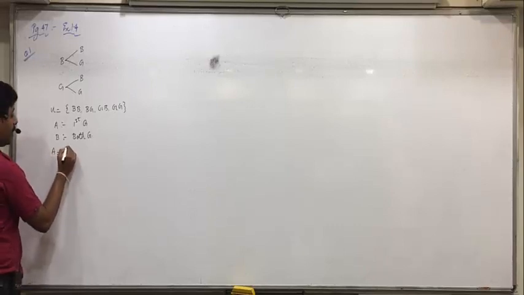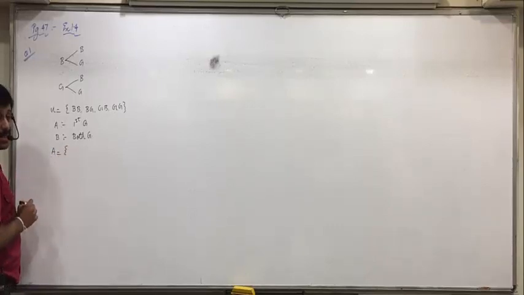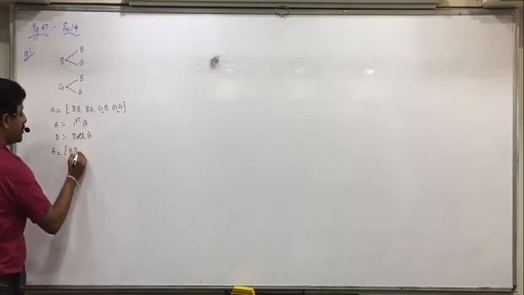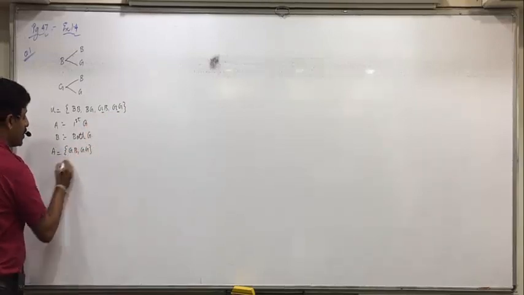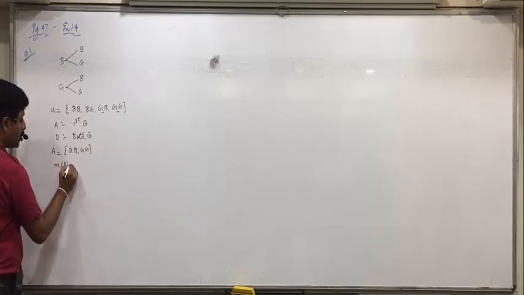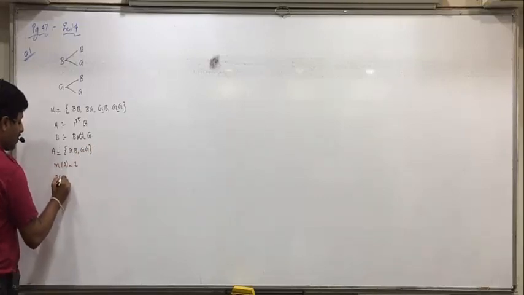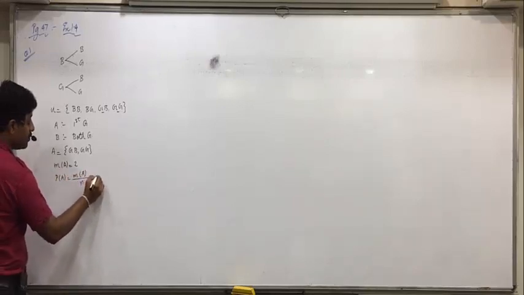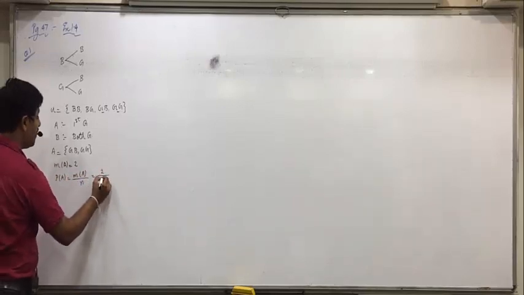Now, A. First child is a girl, so it will include which outcomes? GB and GG. n(A) is equal to 2. P(A) is equal to n(A) upon N, 2 by 4.